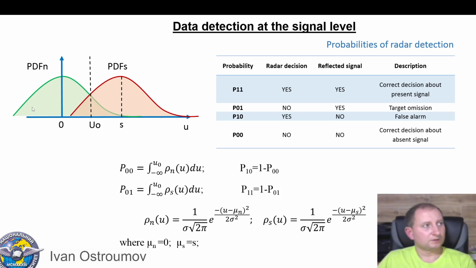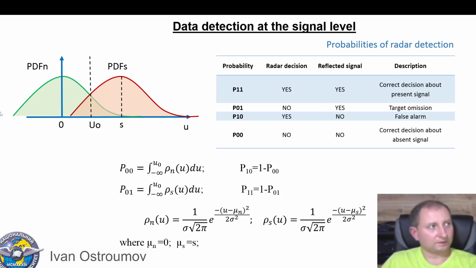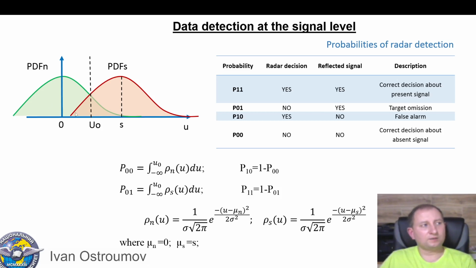It means there is no detection. In this case, we need to count an area under the probability density function from minus infinity up to our threshold value u0.